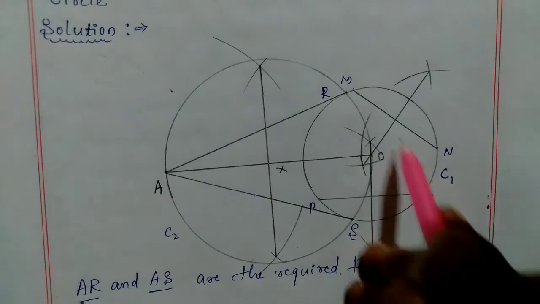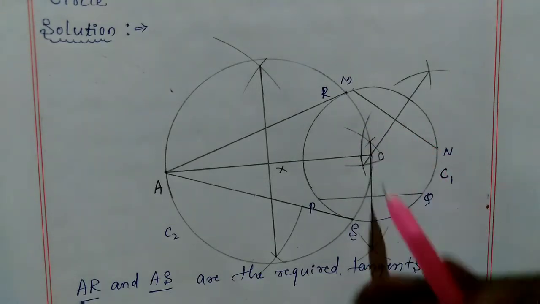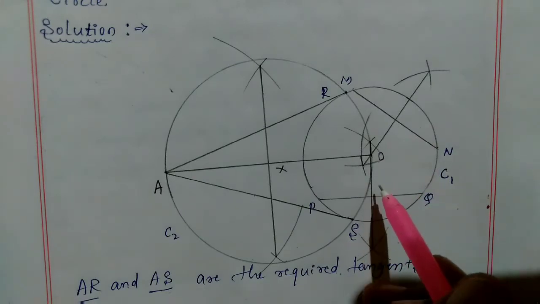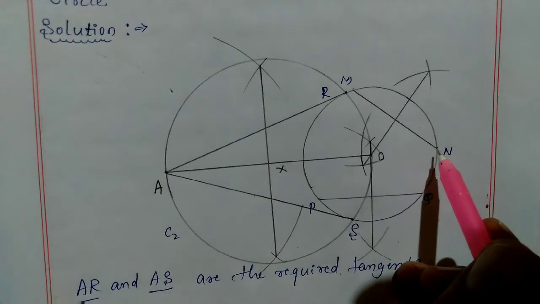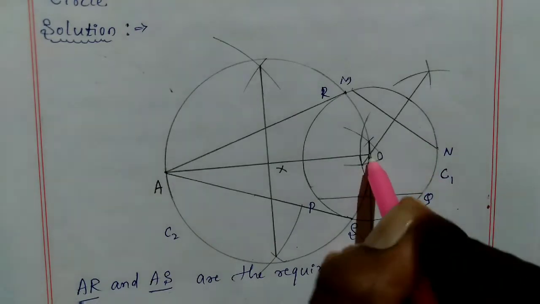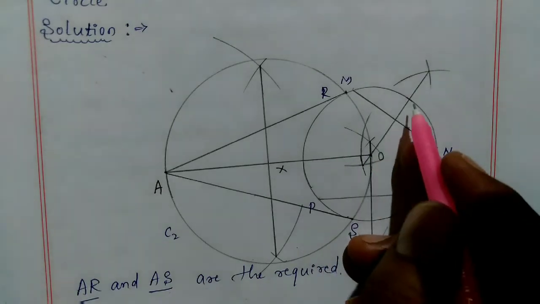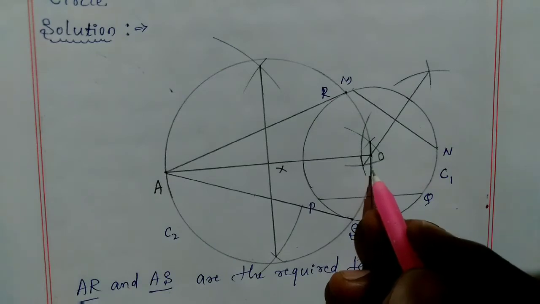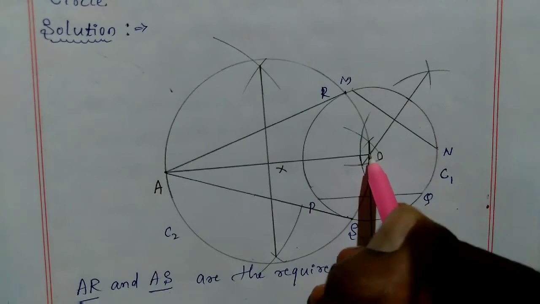After that you can draw the perpendicular bisectors to chords PQ and MN. These two perpendicular bisectors intersect at O, and you can call this the center of the circle.